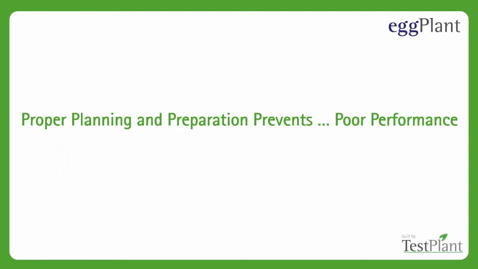You can probably guess what that 7th P might have been. So it's about proper planning, and preparation prevents poor performance. This is, of course, very appropriate given that we're dealing with performance testing. And it is true to a T.